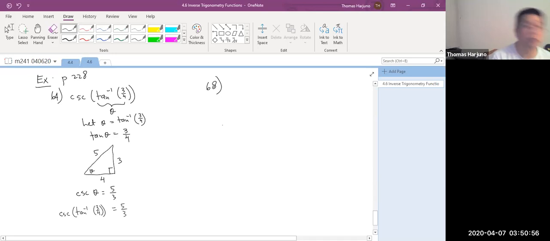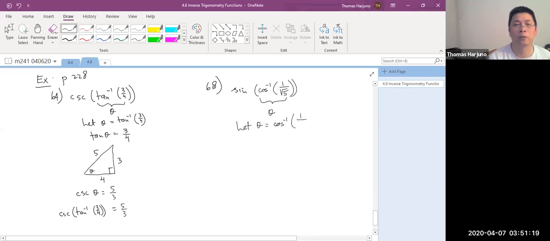Number 68, sine of cosine inverse of 1/radical 5. So we call this theta. Let theta equal cosine inverse of 1/radical 5. So cosine theta equals 1/radical 5. Do the triangle.